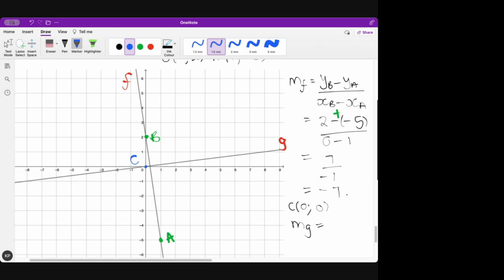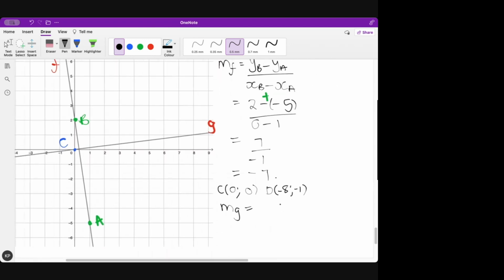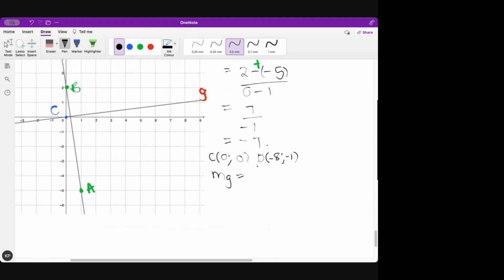Let's see, negative 8, negative 1. Yes, negative 8, negative 1. Right. Now let's see, this is D. D is negative 8. You just swap them around, Alice. Be careful, okay? So now we don't need the graphs anymore, so I can move to the side.